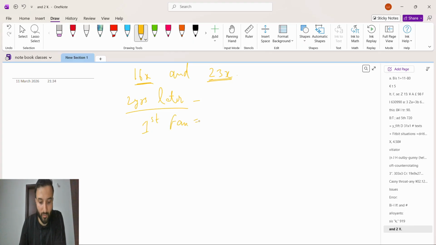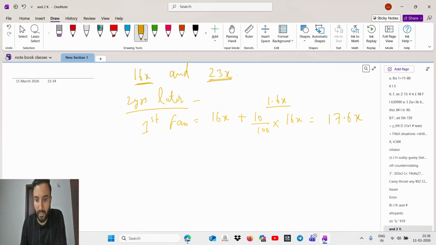It increased by 10%, which means 16x was the old price plus 10% of 16x. 10% means 10 divided by 100 into 16, we will get 1.6, so this will be 1.6x. 16x plus 1.6x, you will get 17.6x.